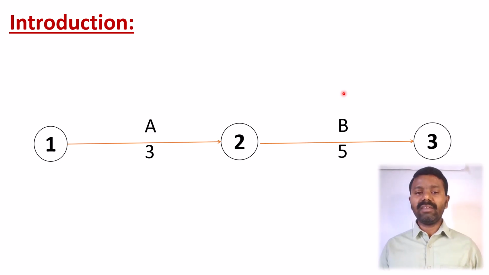Every activity will have its starting time and ending time. The starting time of activity A will be 0, and the ending time of activity A will be 3 days. After 3 days activity B will start and continue for 5 days. If the project has only these two activities, the total time to complete it is 8 days.